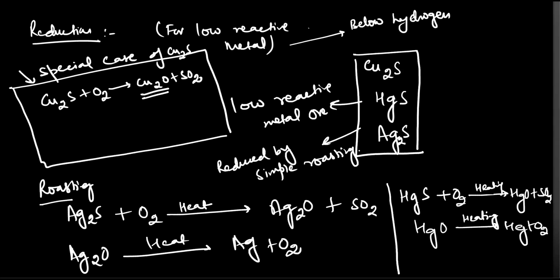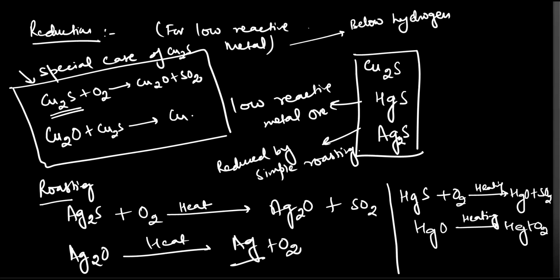Here it is giving you the metal if you heat it in oxygen, but Cu2O needs some reducing agent, because it is more reactive than these two. But if we heat Cu2O with the crushed ore Cu2S, then it will give you Cu plus SO2.